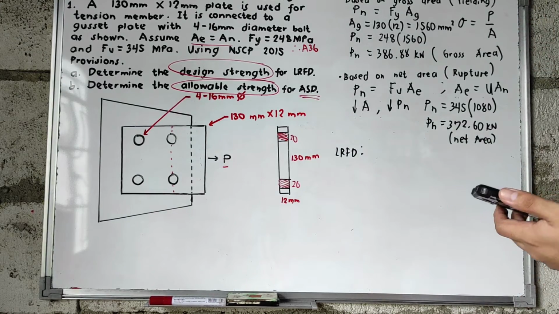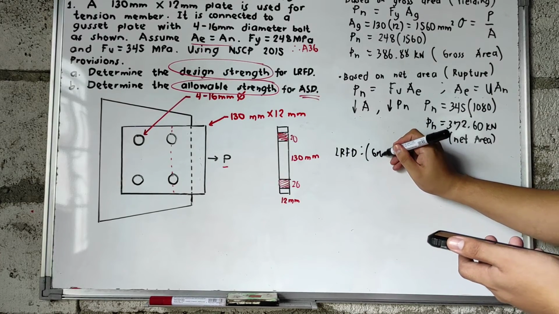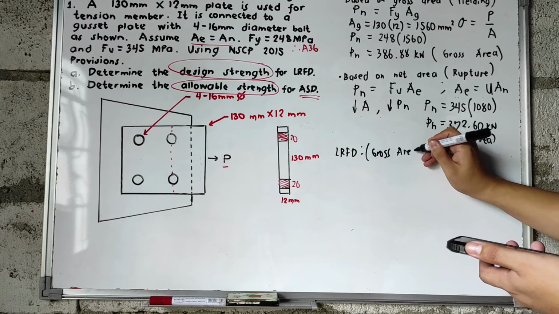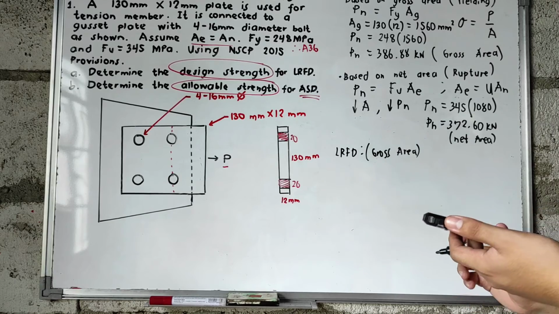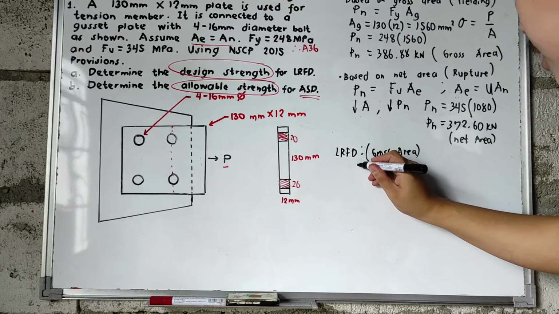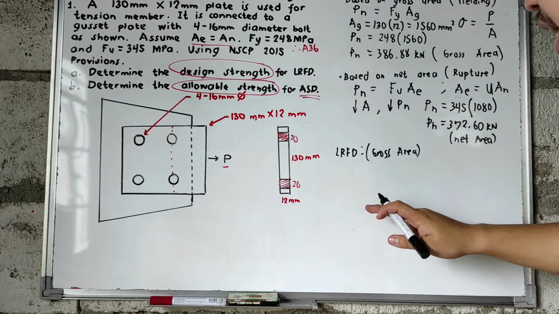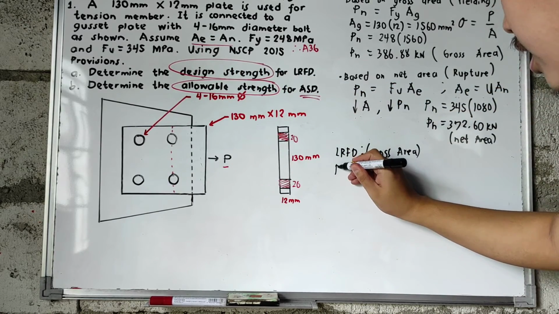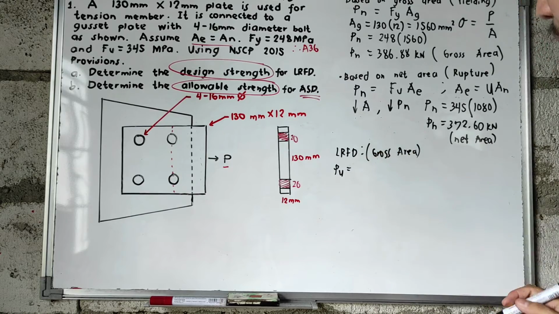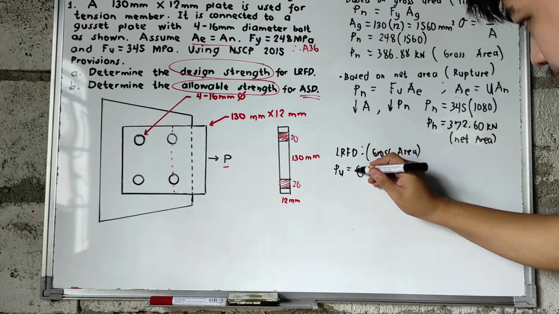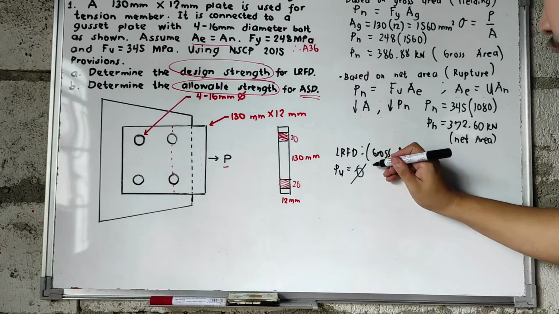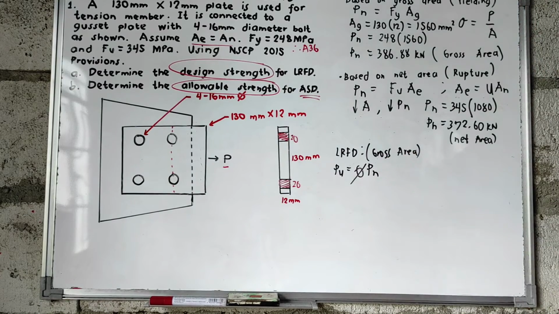So, para makuha natin sa gross area to, so, para makuha natin yung design strength natin, so yung ginagawa natin dyan is that is equal to PU or equal to reduction factor multiplied by the nominal.